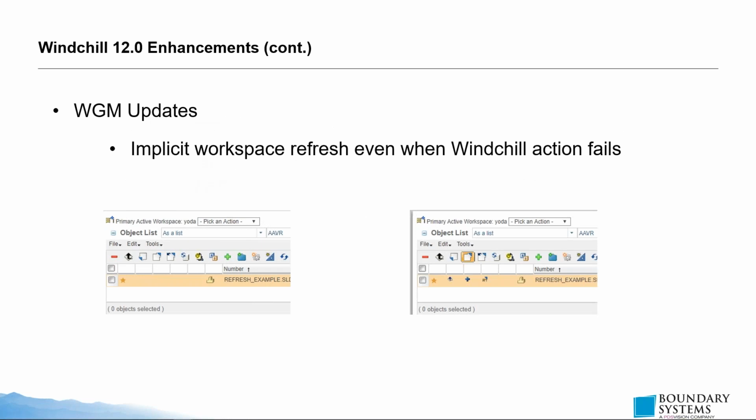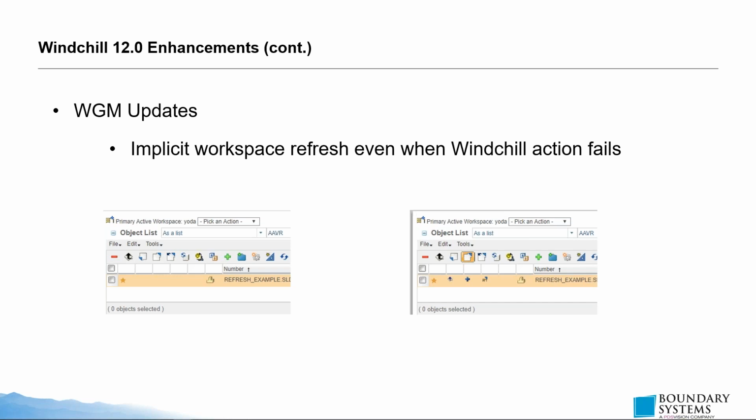Also, with the Workgroup Manager, this happens in different applications, specifically like SolidWorks. There's now an implicit workspace refresh, even when a Windchill action fails. On the left side, what we're looking at is just simply a workspace, and what happens is maybe you do a check-in or you try to do some type of a Windchill action on an item in your workspace.